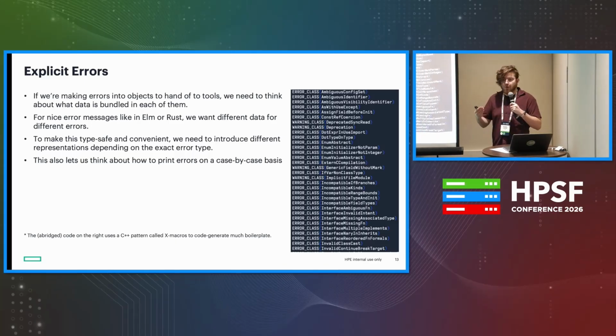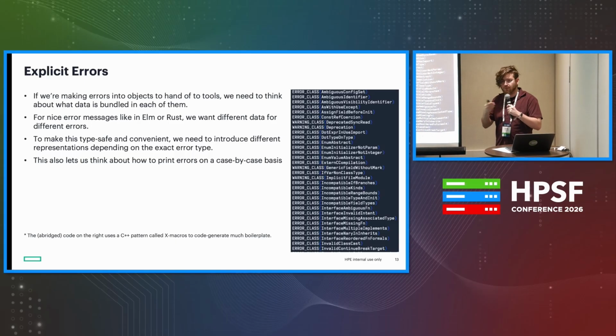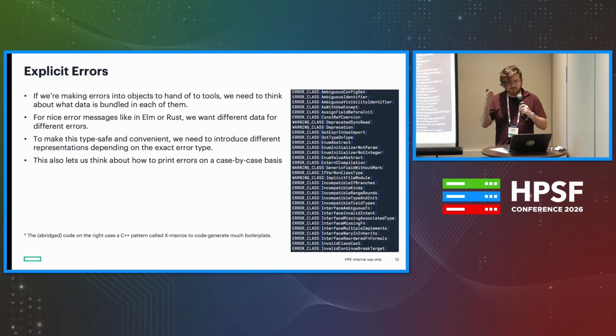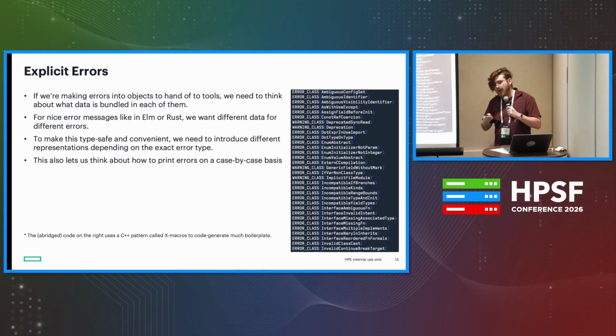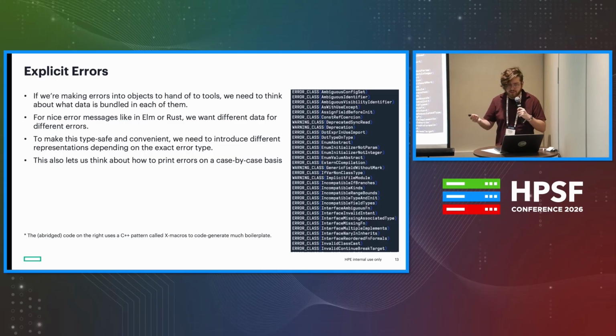So in Dyno, we did this by effectively making as many types of errors that the user can run into as possible into individual things. Different types of errors have different representations. They all contain additional information depending on the error to be able to tell the user what happened, what the details are, what they can do.